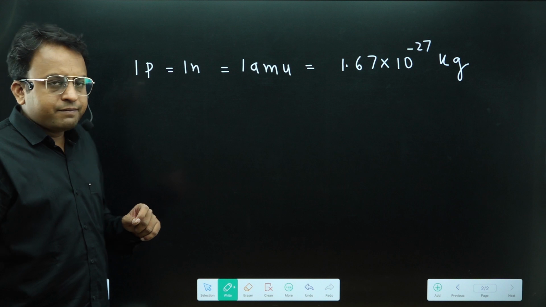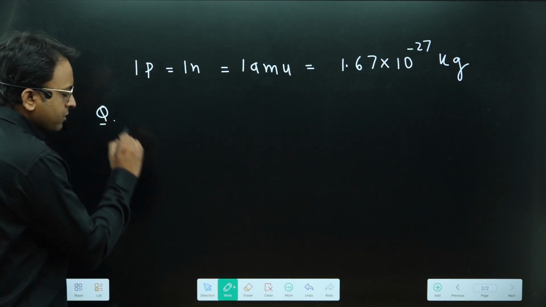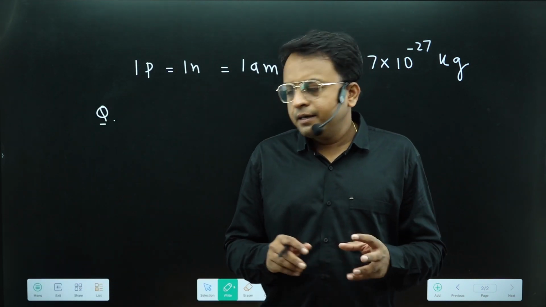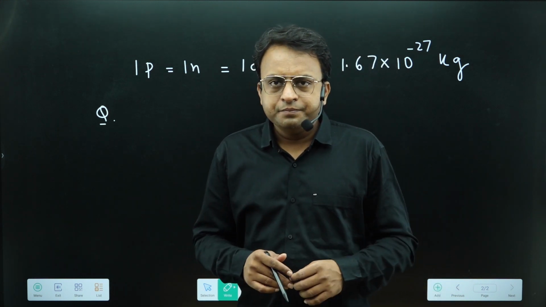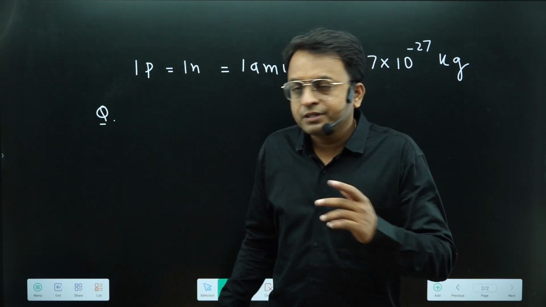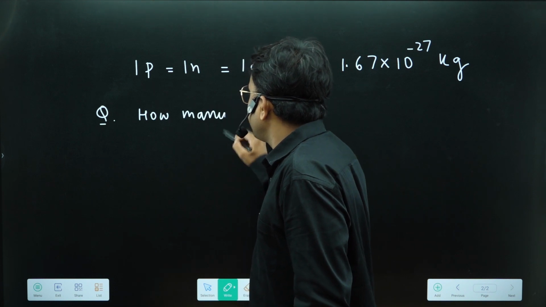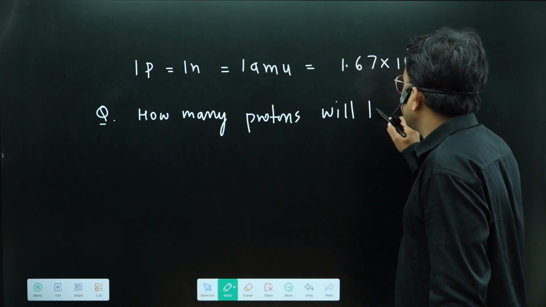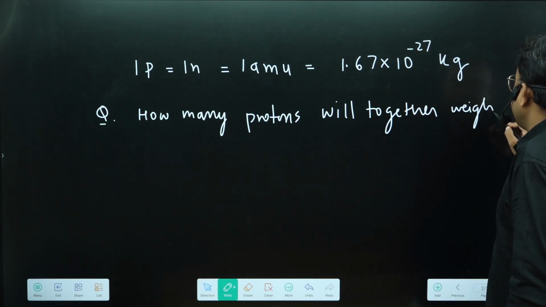Let us understand with one question. Suppose I have started collecting protons, and I have collected around 1 gram of protons. Now, how many protons have I collected? Question is, how many protons will together weigh 1 gram?